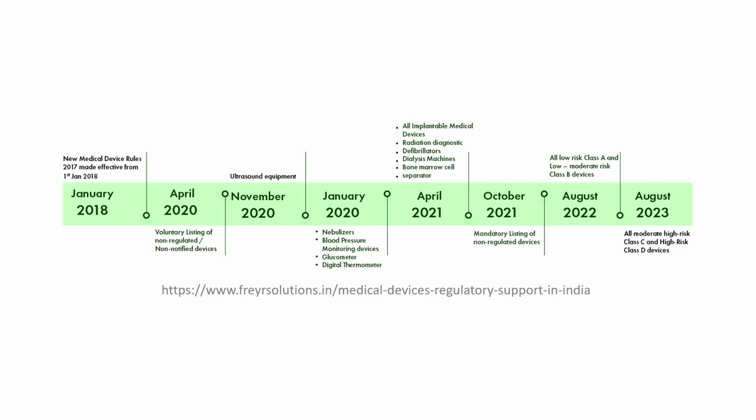In around April of 2020, quite close to when the pandemic was just coming in, there was a voluntary listing of non-regulated and non-notified devices, right. So, many of these devices were voluntarily listed, because many of the companies were clueless on whether these devices have certain regulations, and many of these devices were built for exports, right.